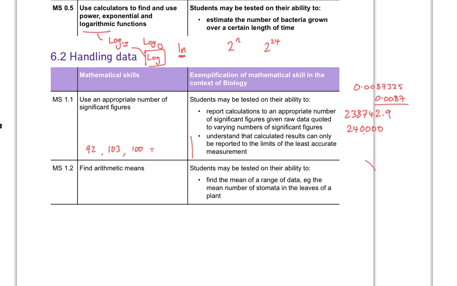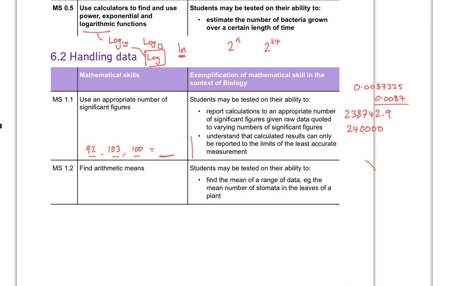I can't have a decimal place. These are recorded to 0 dp. My mean therefore needs to be to 0 dp as well. Okay. So just follow the rules. If they give you a table of data and it's partially filled in, follow the decimal places as well.